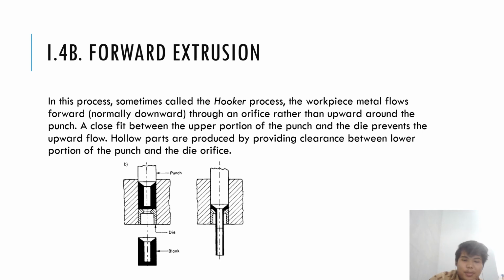Hollow parts can be produced by providing clearance between the lower portion of the punch and the die orifice. So we can see here it's going to be pushed, and here is the die, and the black one is the workpiece, it's going to be pushed and it's going to go forward.